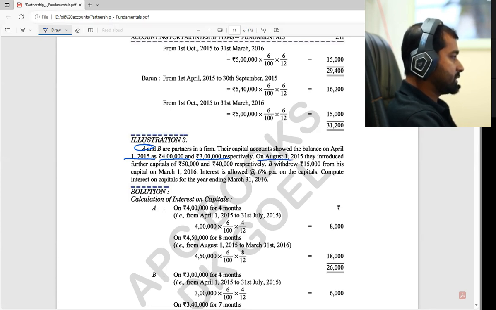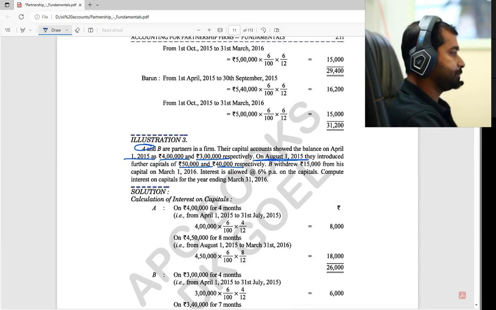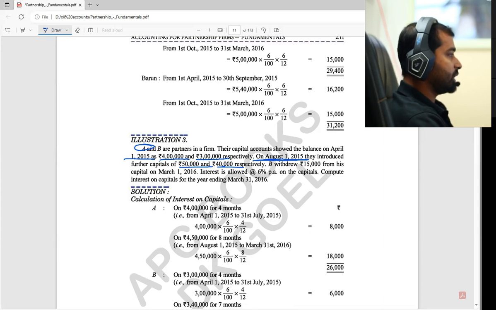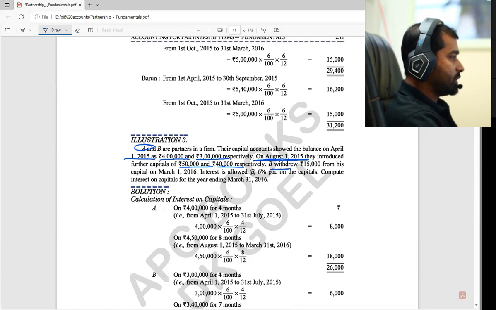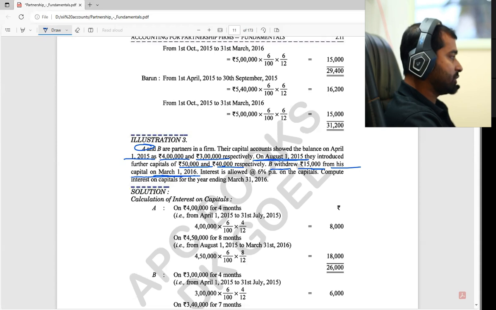Check once: on 1st August 2015 they introduced further capital of 50,000 and 40,000 respectively. Next, after some days, B withdrew 15,000 from his capital on March 1, 2016.